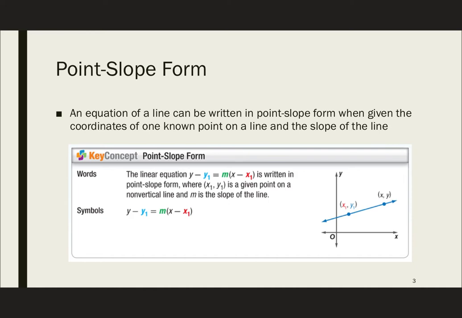With slope-intercept form, y equals mx plus b, you had the slope, but then b was the y-intercept. It had to be the y-intercept. And if you didn't know what the y-intercept was, you had to go and find it. Well, with point-slope form, you don't need to find anything. As long as you're given a point and the slope, you can take those pieces of information and plug them on in.